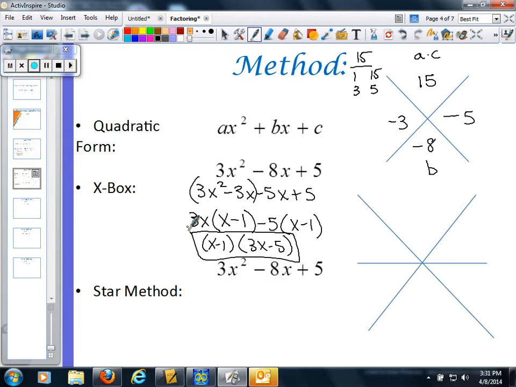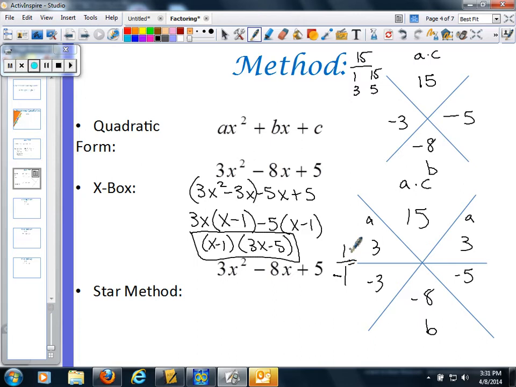Star method is similar but not the same. This is a times c, this is b. You put a here and here. So a times c is 15, a is 3, b is negative 8. My factors are negative 3 and negative 5. Now I look at this as a fraction. 3 over negative 3 has to stay as a fraction, but I want to simplify it. 3 divided by negative 3 is 1, so I put 1 over negative 1, because it still has to stay a fraction and the negative has to stay where it is.